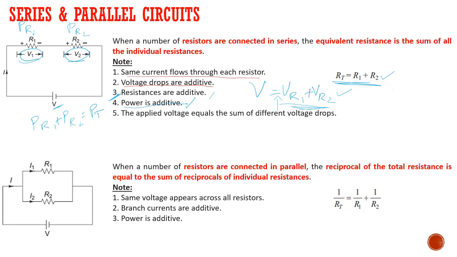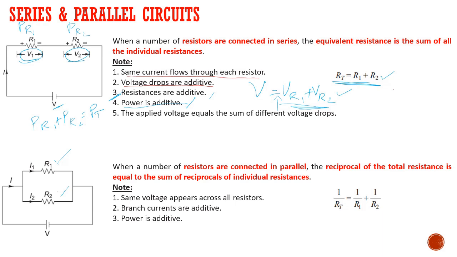Okay, now we will see the parallel combination. See, this is the circuit of a parallel combination of resistors, and here also, for namesake, we have considered two resistors R1 and R2.